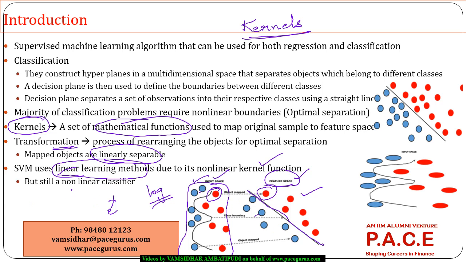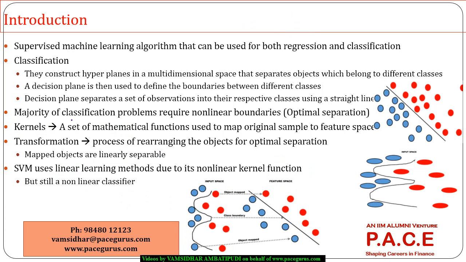So that's the reason, though it is using a linear learning method, we still call it a non-linear classifier, because internally the kernel functions have transformed the non-linear relation existing between the variables into a linear kind of relation. So if you see here, each object in the input space is mapped into the feature space. Then the class boundaries are also defined accordingly.